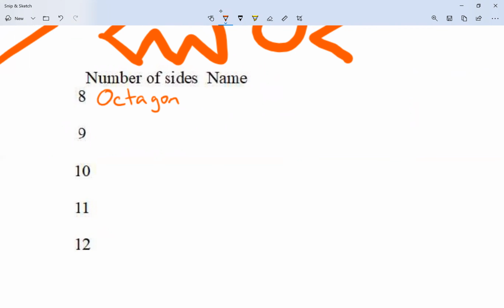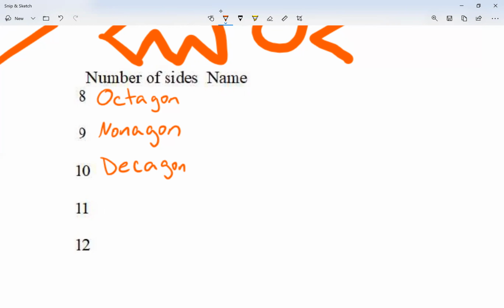Now, 9 sides, we're going to call this nonagon. 10 sides, we're going to call this decagon. All right, you guys have heard decade, 10 years. Deca means 10. So decagon means 10 sides. For 11 sides, this is where the Latin roots start coming in, right? Some of you guys might speak French, Spanish, Italian, right? Latin roots.